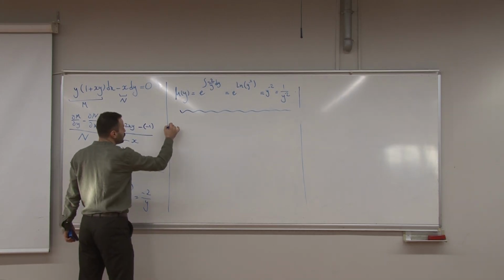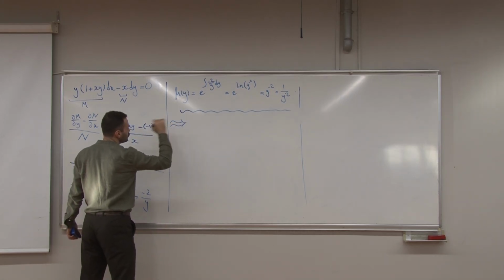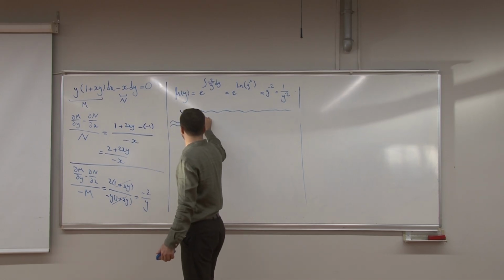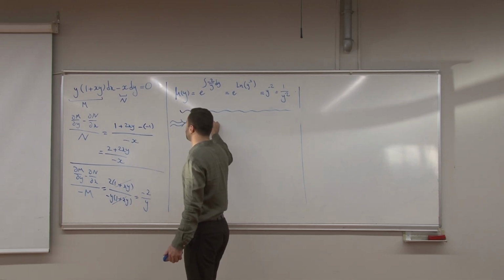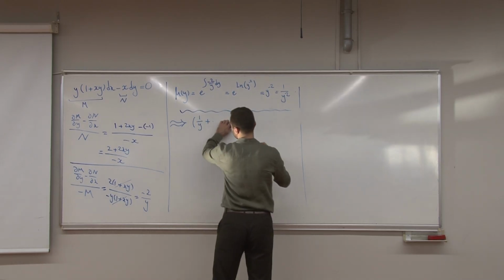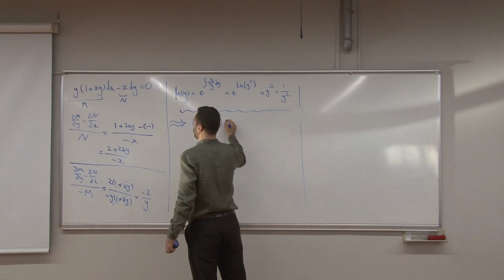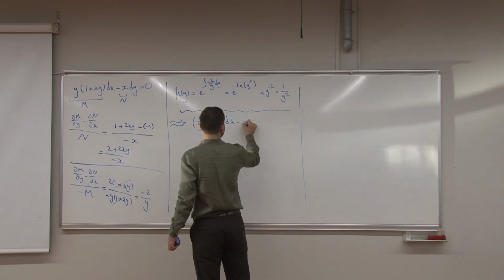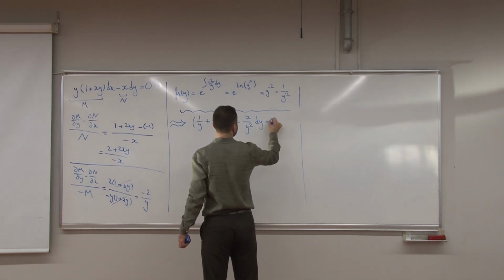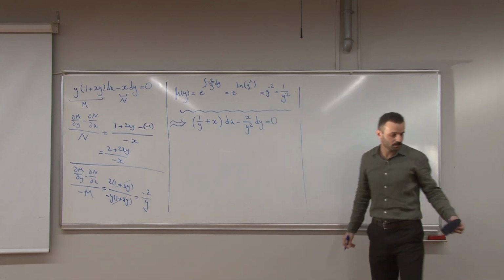So what is going to be our equation? Our equation is going to be (1/y + x) dx minus x divided by y to the power of 2 dy.